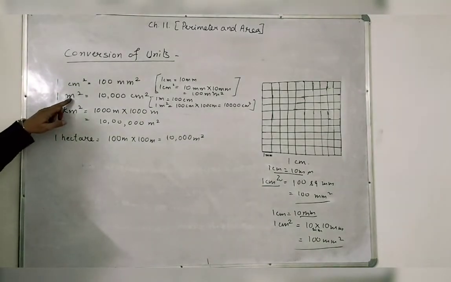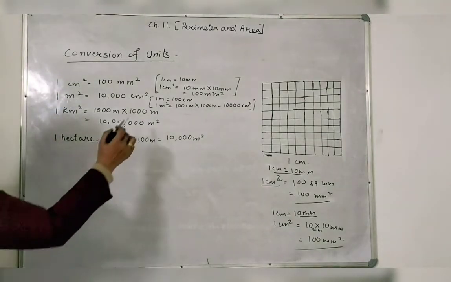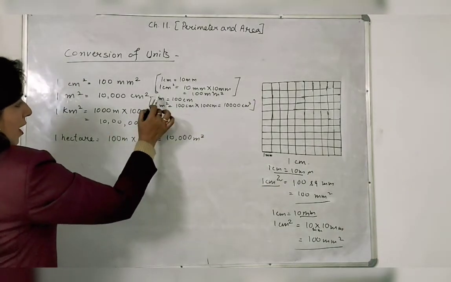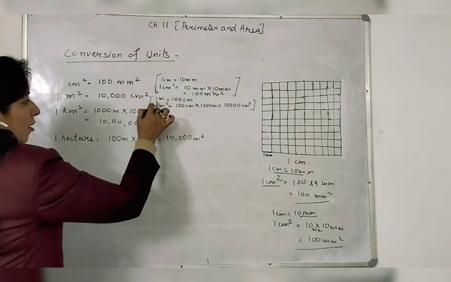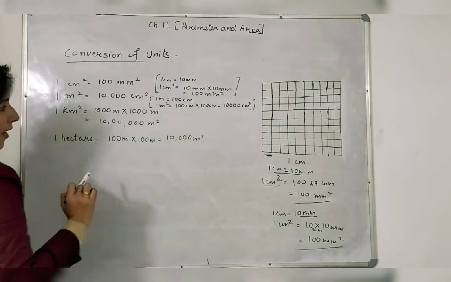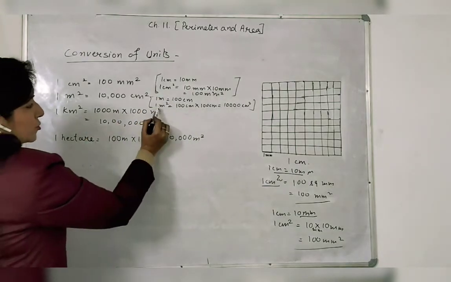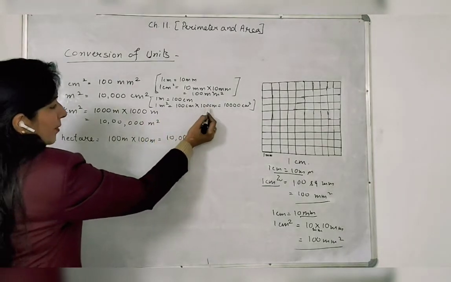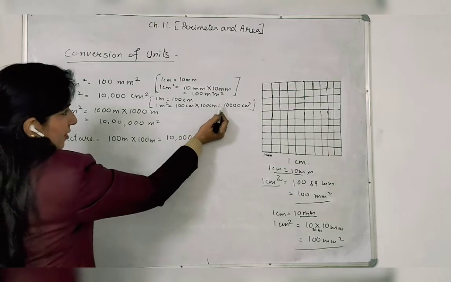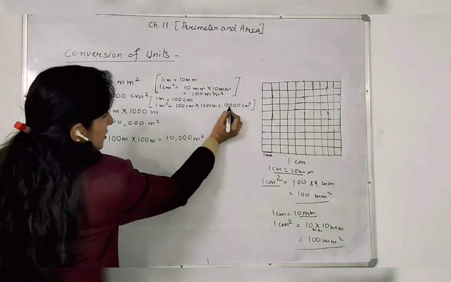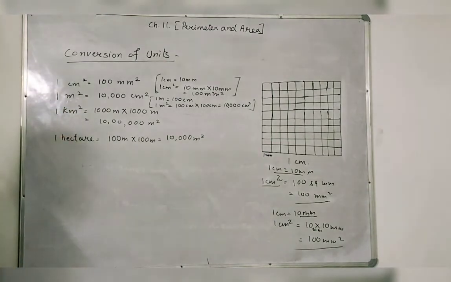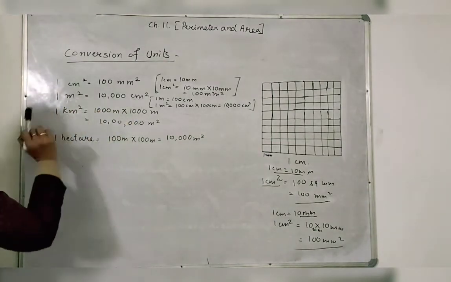Similarly, 1 meter square is how many centimeters square? 1 meter is 100 centimeters, so 1 meter square will be 100 centimeter multiplied by 100 centimeter, that comes out to be 10,000 centimeter square.